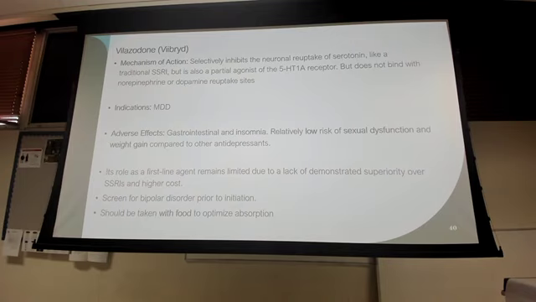Which for your average person, if they don't have good insurance, is a heck of a lot of money for a med that's not any better than the other ones, right? Big thing with this one, besides the mechanism of action, is you have to take this with food. It increases absorption and makes the medication much more effective. So when counseling a patient, I say, take this with your morning meal, make sure you're having a good bagel or some eggs or something like that to make it more effective, right?